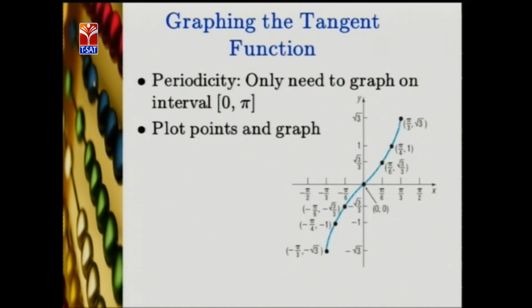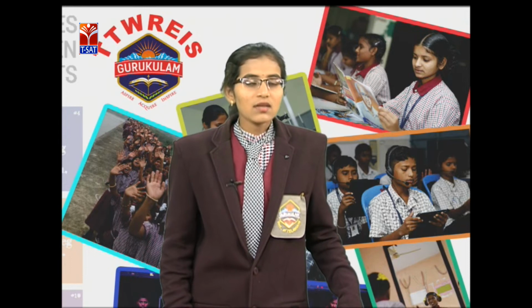And here is a very important property, that is asymptotes. Do you know what is an asymptote? An asymptote is a tangent that meets the curve at the infinity positions. It means at every odd multiple of pi by 2 we are getting an asymptote, that means at the infinity position.